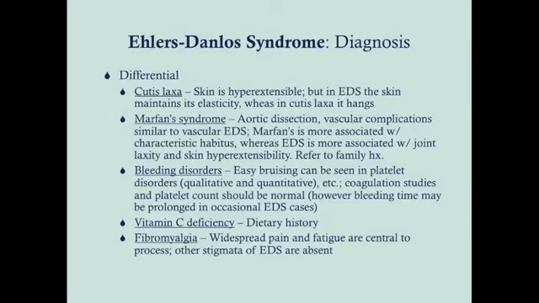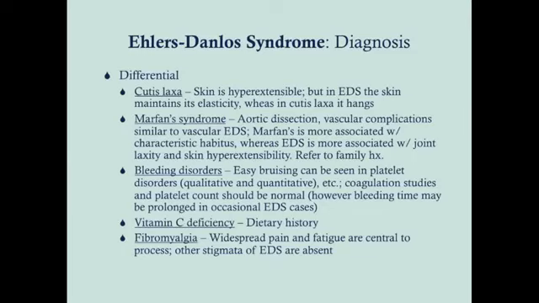And it's always helpful to refer to the family history when making your differential. So you see easy bruising in Ehlers Danlos syndrome, and that can also be seen in some bleeding disorders, particularly platelet disorders, either qualitative or quantitative platelet disorders.